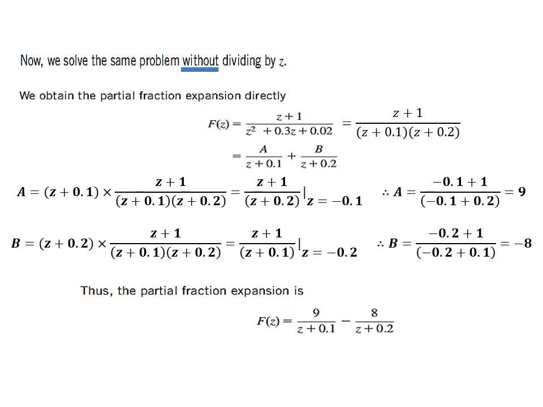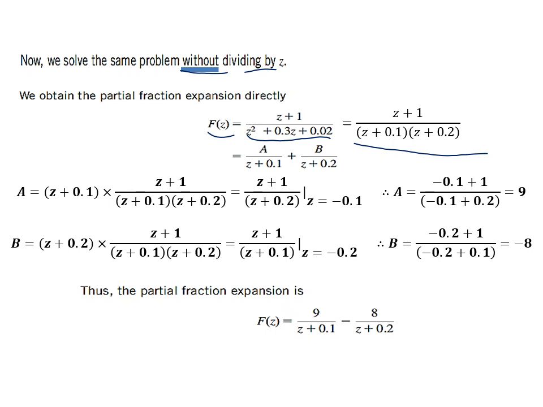We will see the same example, but we will not divide by z. We now have f of z equals (z plus 1) divided by z squared plus 0.3z plus 0.02. We factorize the denominator to (z plus 0.1) times (z plus 0.2).